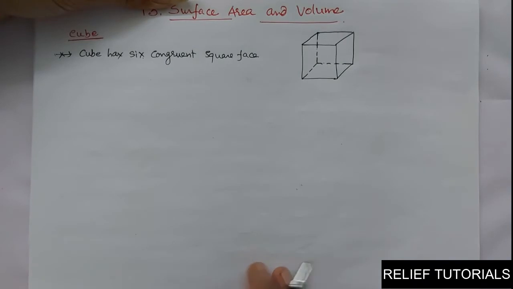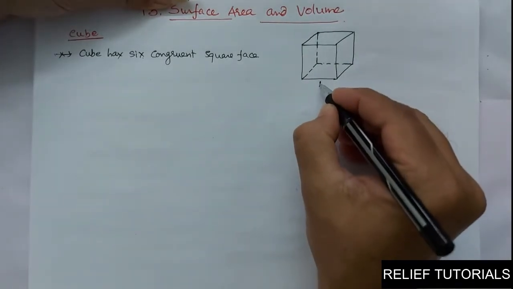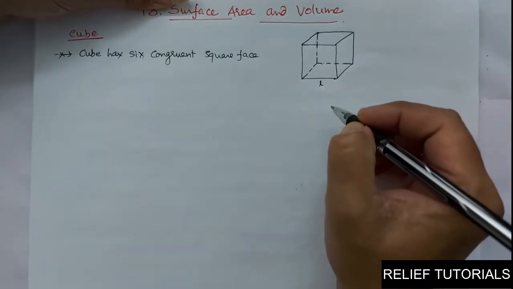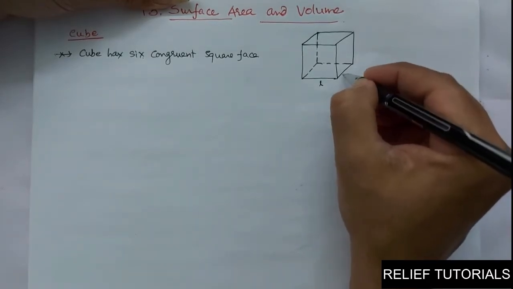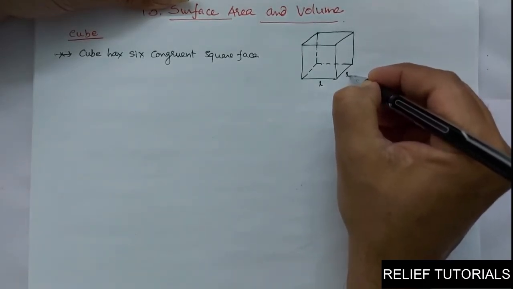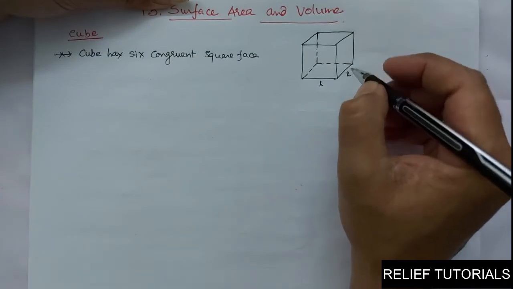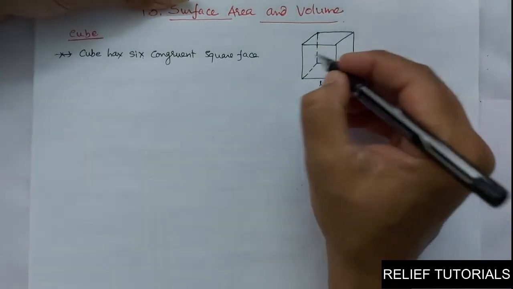So this is the cube. This we can say is length. This is also breadth. They are equal. And this is height. This is also equal. We can say L.